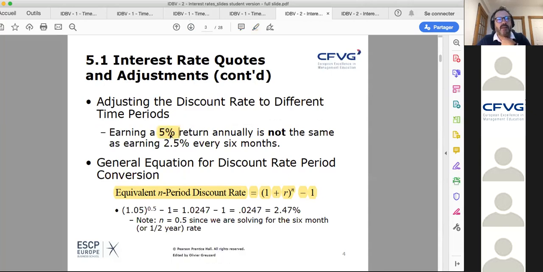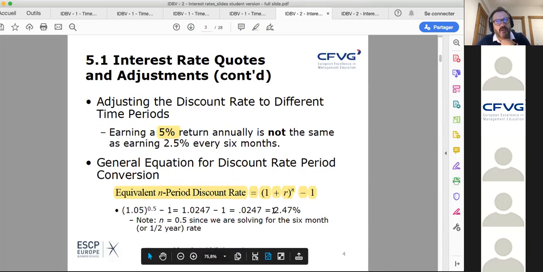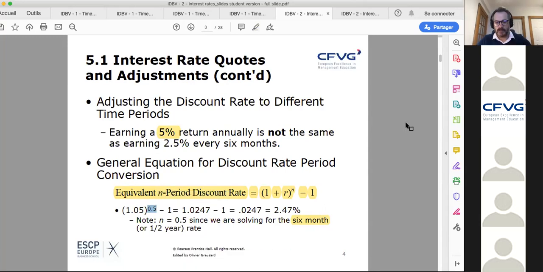To calculate the semi-annual, or 6-month, rate, we're going to do 1 plus the annual rate, so 1.05 exponent 0.5, meaning exponent 6 divided by 12, to make it semi-annual.